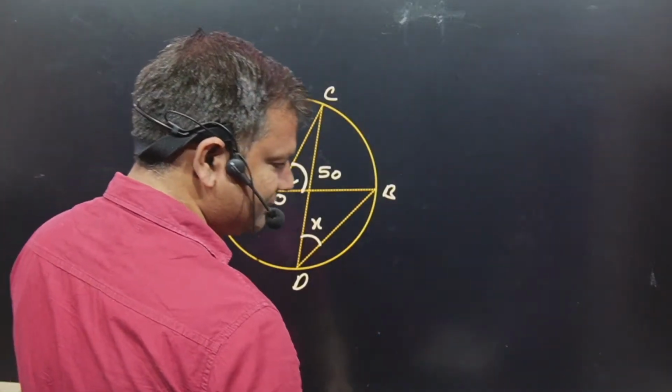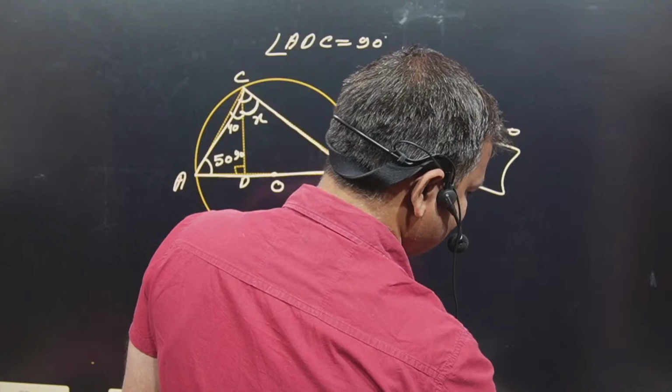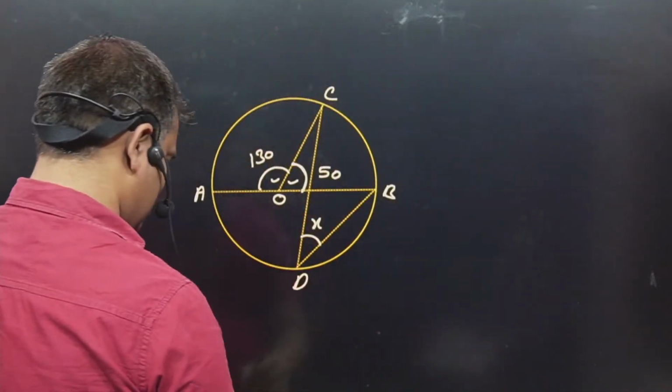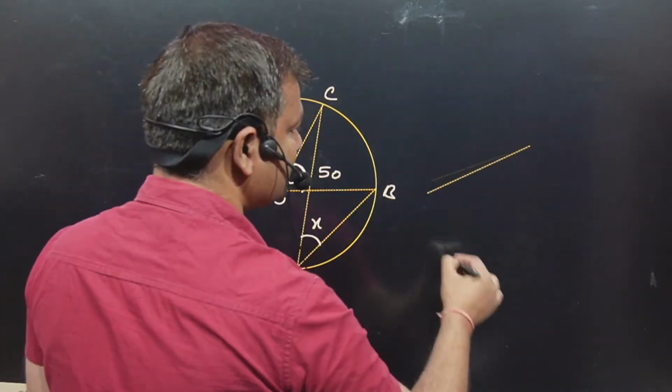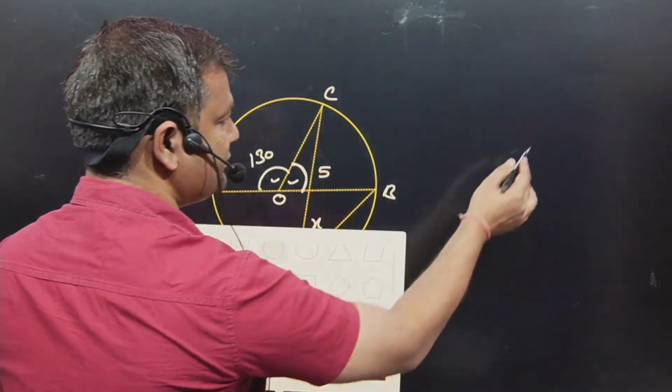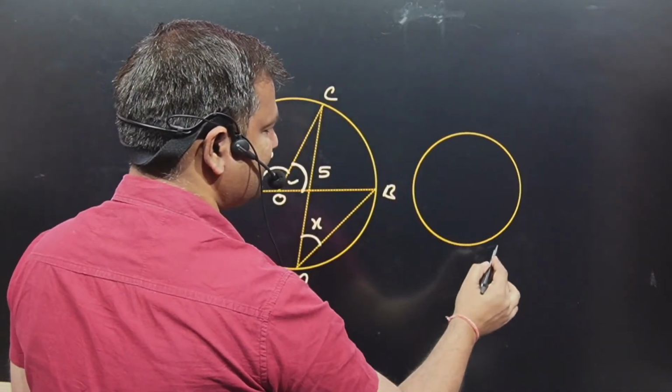Wait. I will make another circle. Suppose this one is a circle like that one.